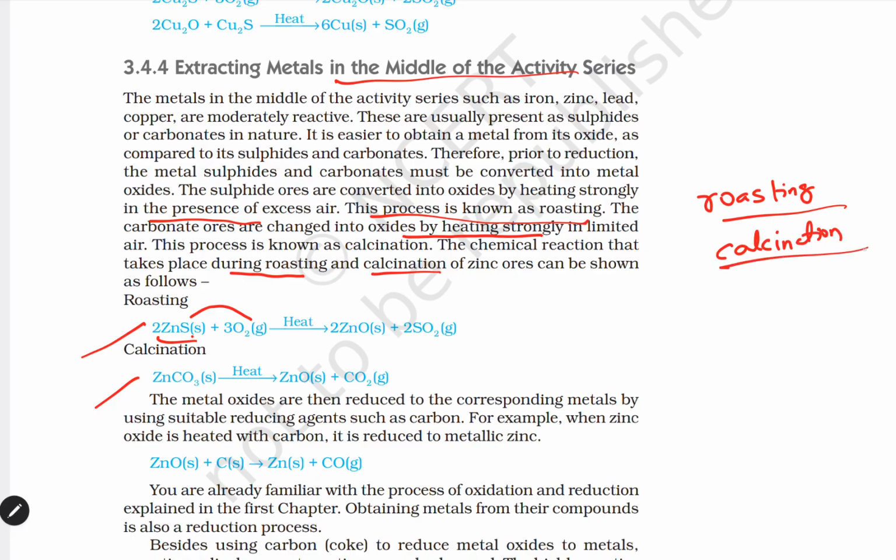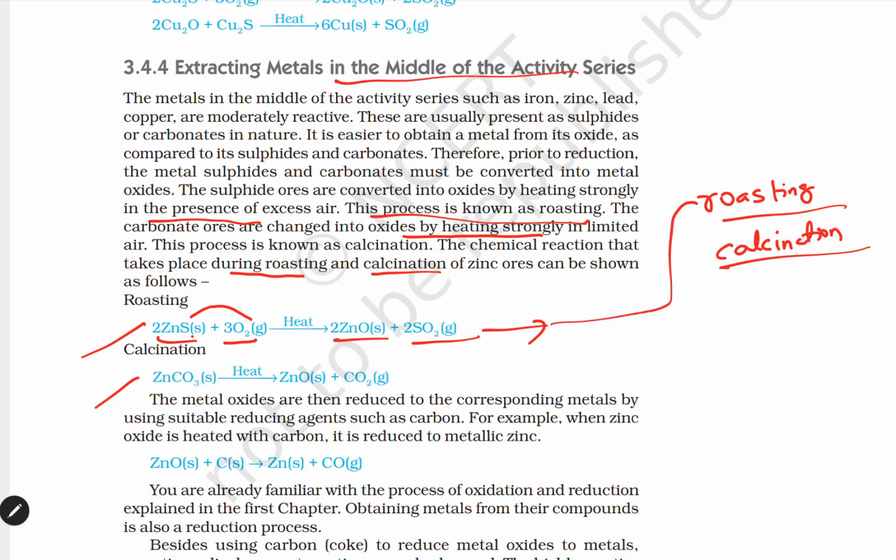In both cases we are giving heat energy to that particular compound. If it is a carbonate form, we name it calcination. If it is in the sulfide form, we name it the roasting procedure. Whenever zinc sulfide reacts with oxygen, it forms zinc oxide and sulfur dioxide gas is released; this is the roasting process.